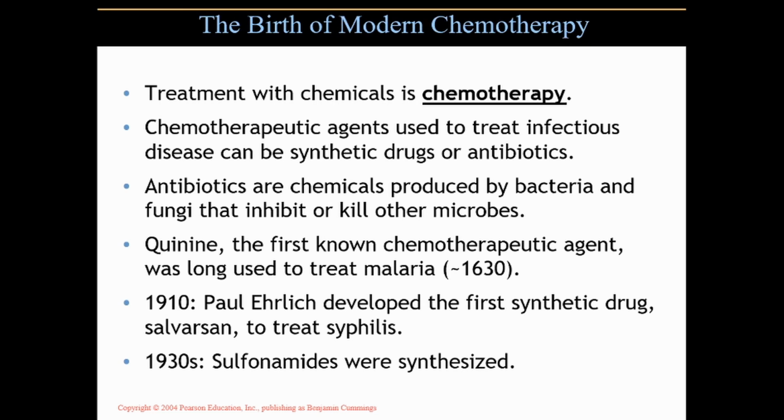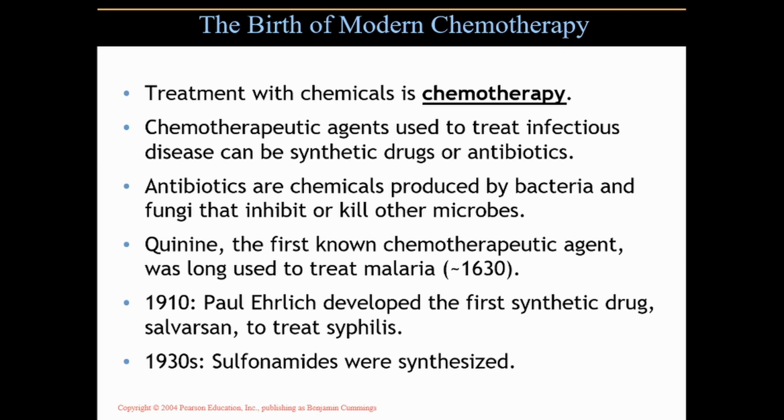Treatment with chemicals is called chemotherapy, and so we use these chemicals to treat a number of diseases, whether we use chemotherapy with cancer, obviously, and that's typically the only time we use the word chemotherapy, but treating anything with any chemical is called chemotherapy. You're taking a drug, you're taking a chemical as a therapeutic agent.